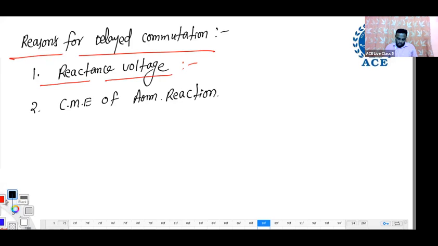Let's see what the reactance voltage is and how it causes delay in current reversal. In our figures previously, in coil Y current reversal is taking place.